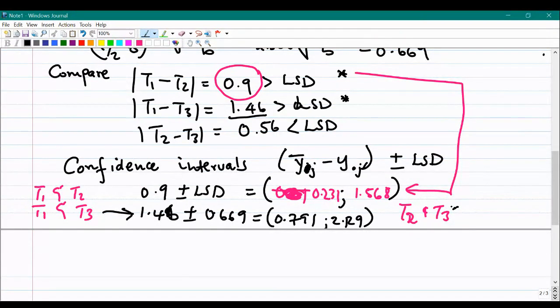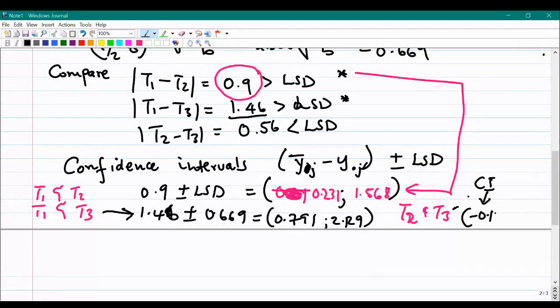What is the confidence interval between T2 and T3? Negative 1.09.